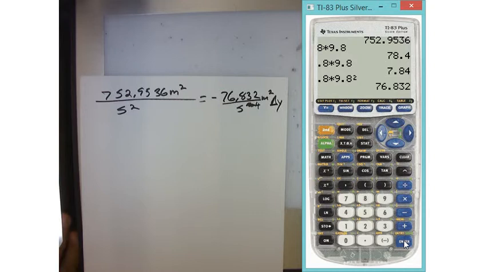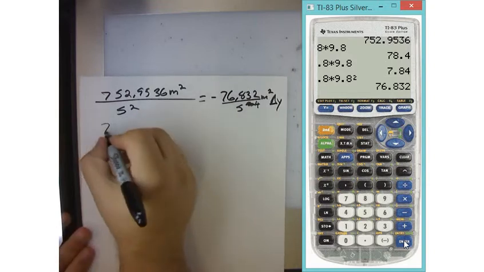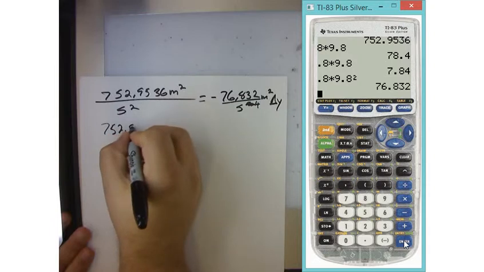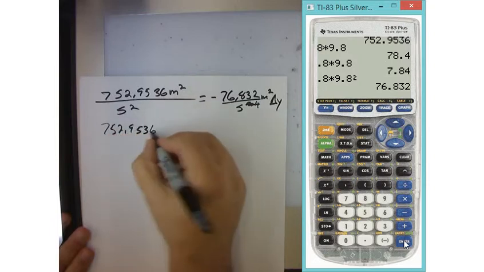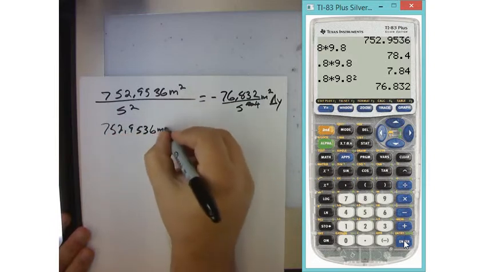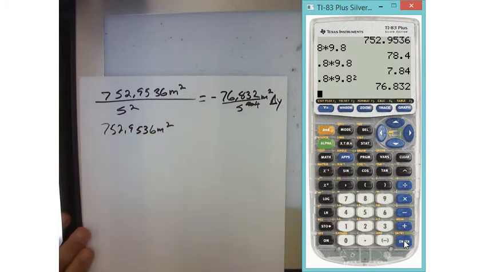And so now what I want to do is divide by 76. So I get 752.9536 meters per second. But remember that when I divide this, we're going to have to... you know what's troubling me?